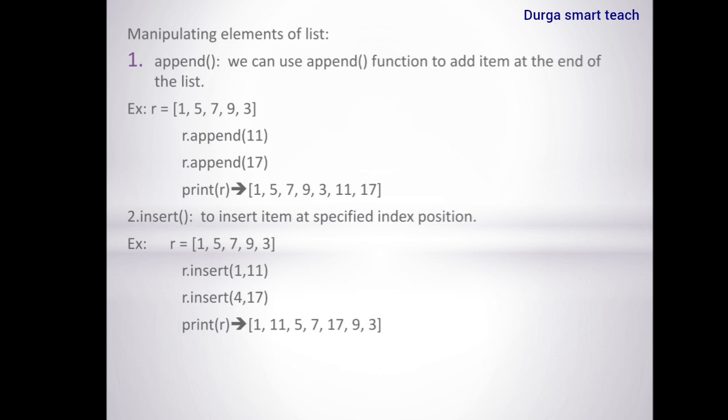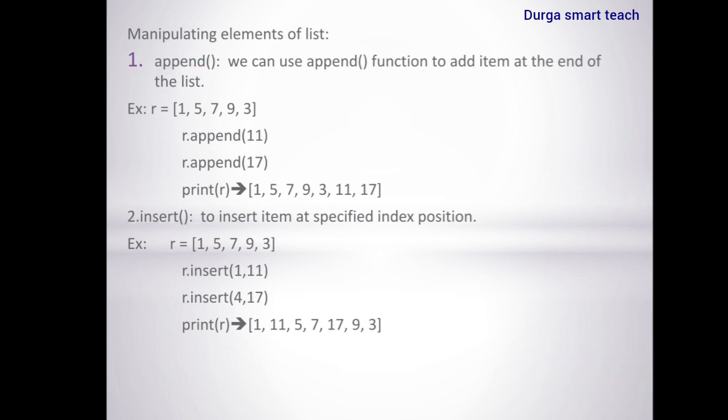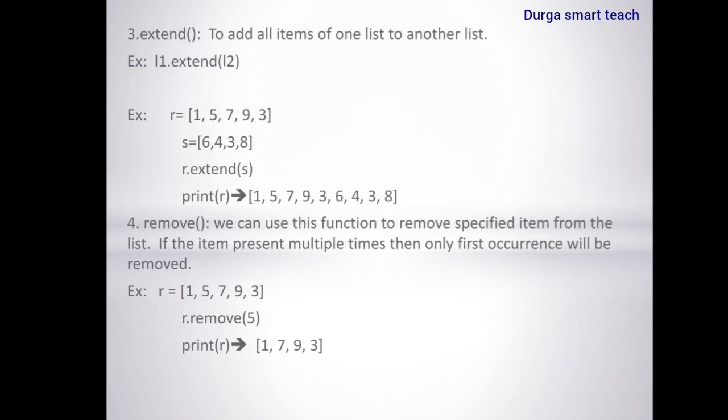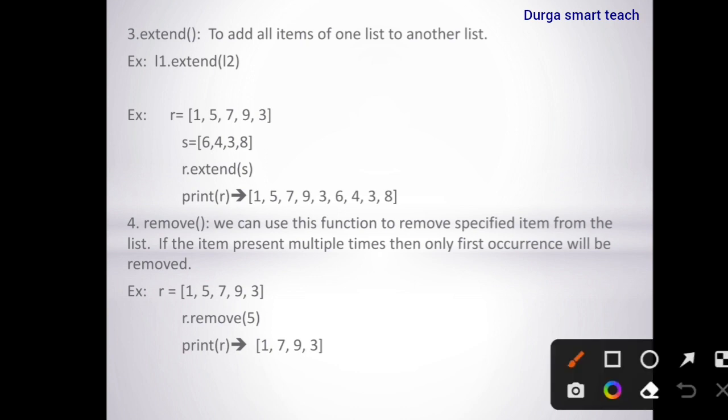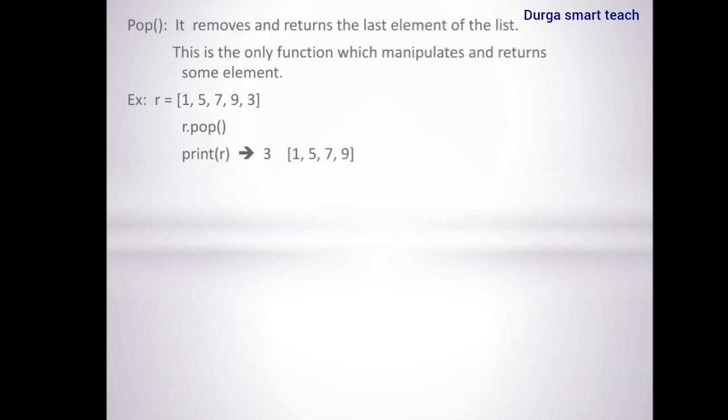For manipulating elements we use five methods. One is append, which adds an element at the end of the list. If you want to insert a specified element at a specified position, you can use insert. Next, extend is used to add all elements of one list to another list. Remove is used to remove the specified element, and pop is used to remove the last element.